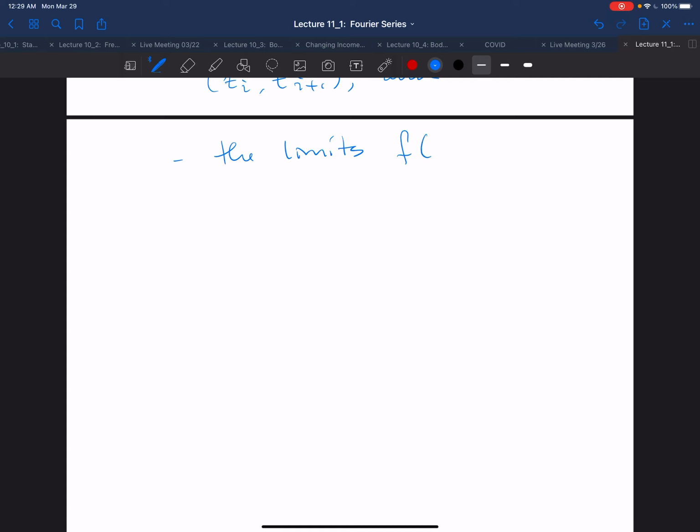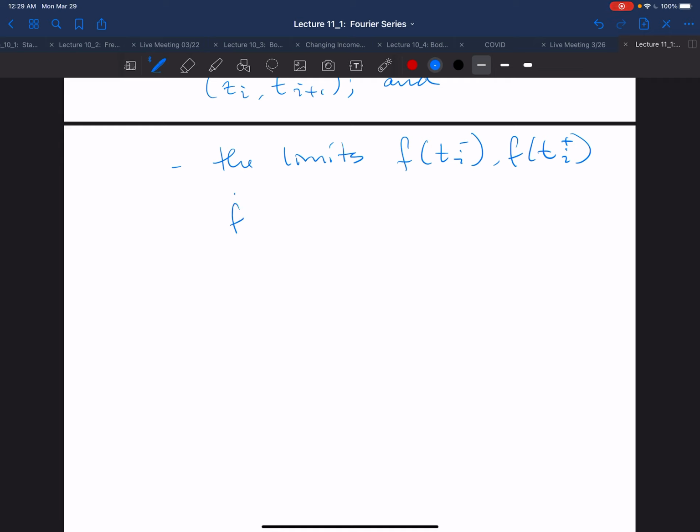So the limits f of ti minus, f of ti plus, f dot of ti minus, and f dot of ti plus all exist for every i.